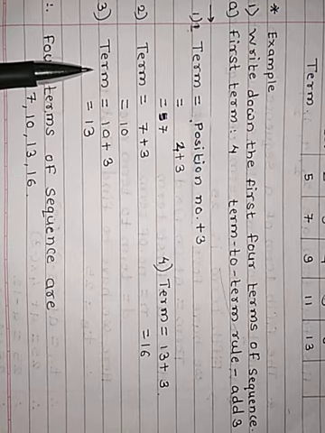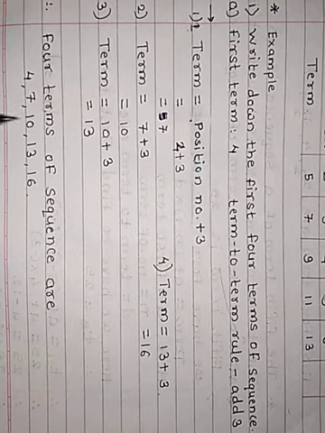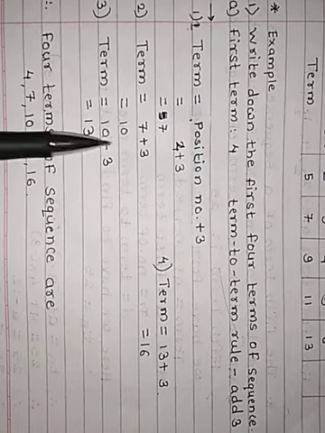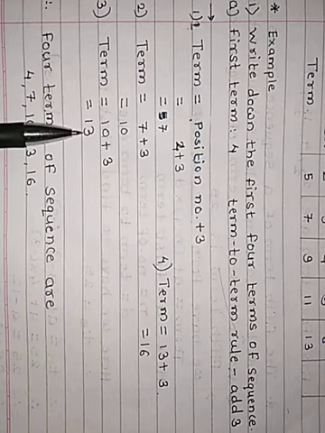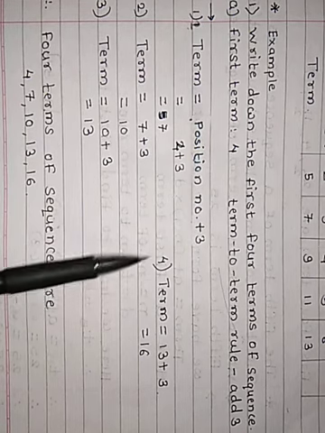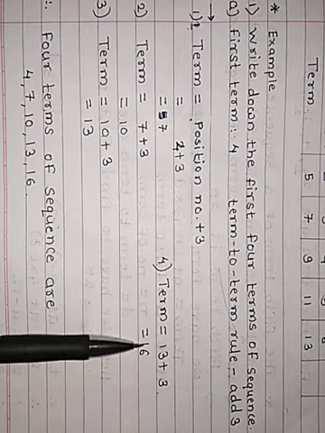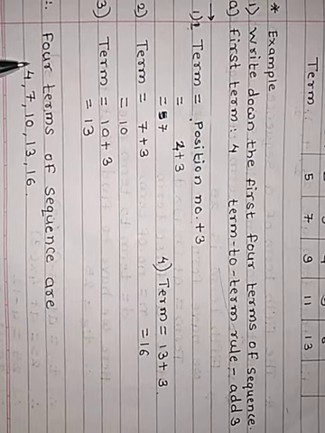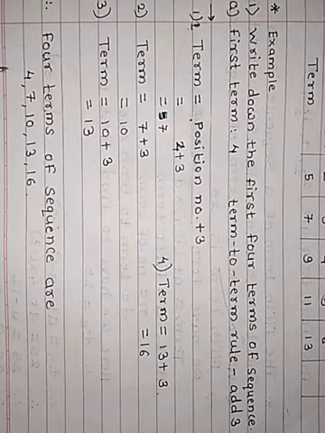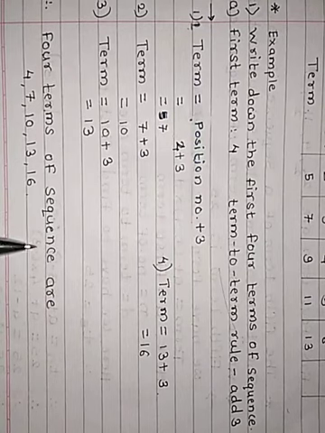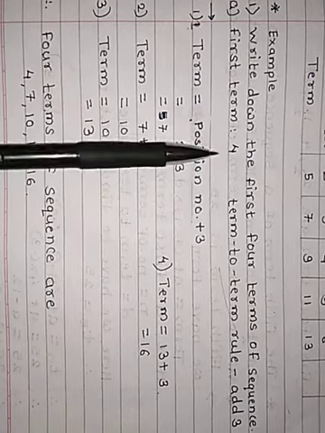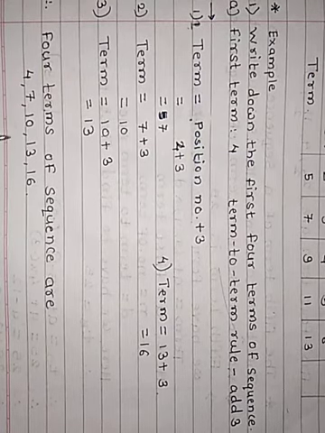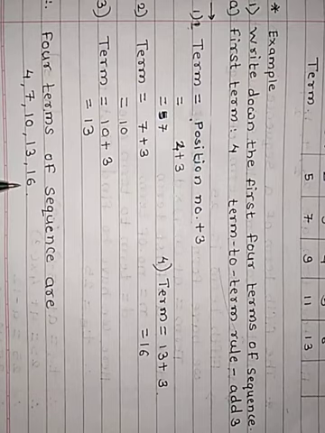Now how can we find the fourth term? The fourth term is equal to the third term plus 3. It will be 13. Like that we will find the next terms. Therefore, the terms of the sequence are: the first term is 4, then the next terms are 7, 10, 13 and 16.